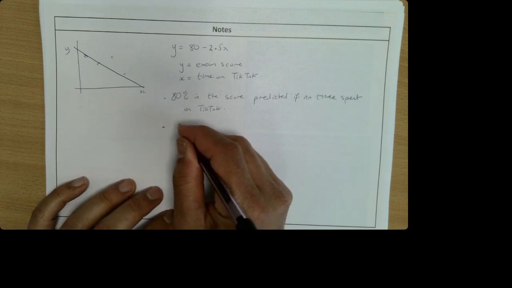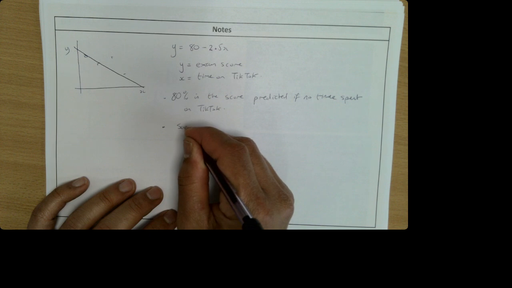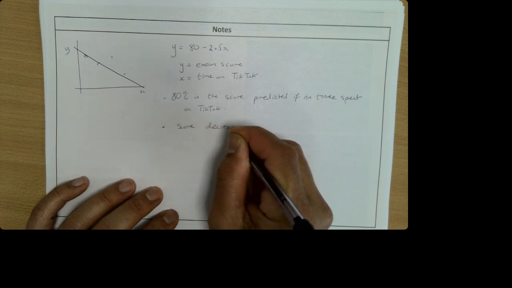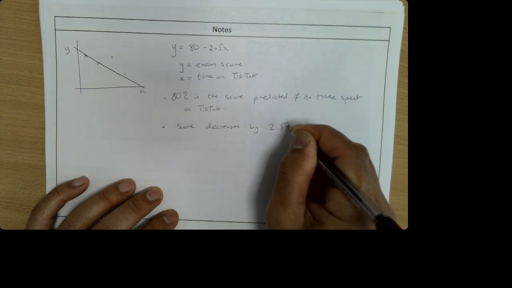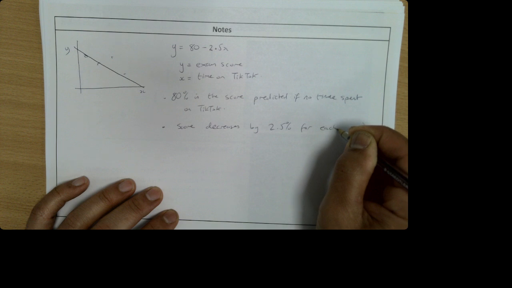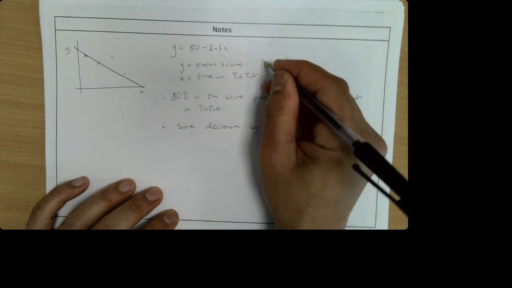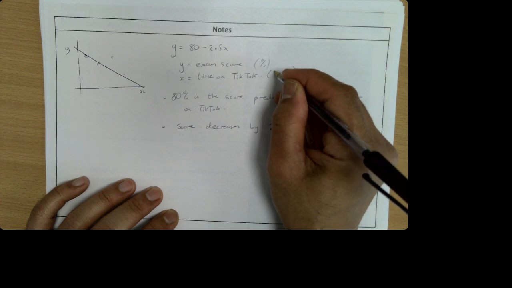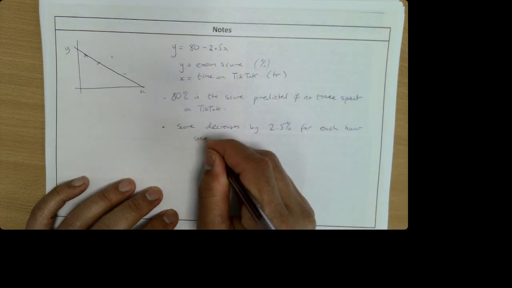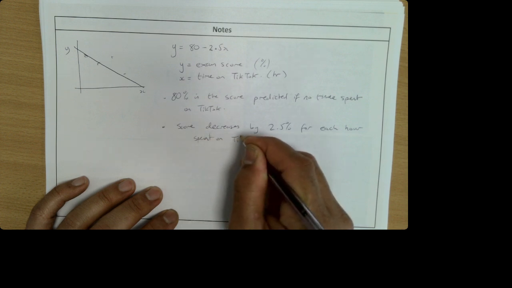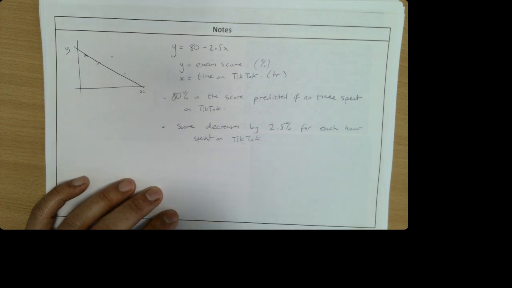So let's use the word decrease. Your score decreases by 2.5% for each, now I should have put units here, percentage, let's call that hour again, for each hour spent on TikTok. So hopefully with that second example you're getting the idea.